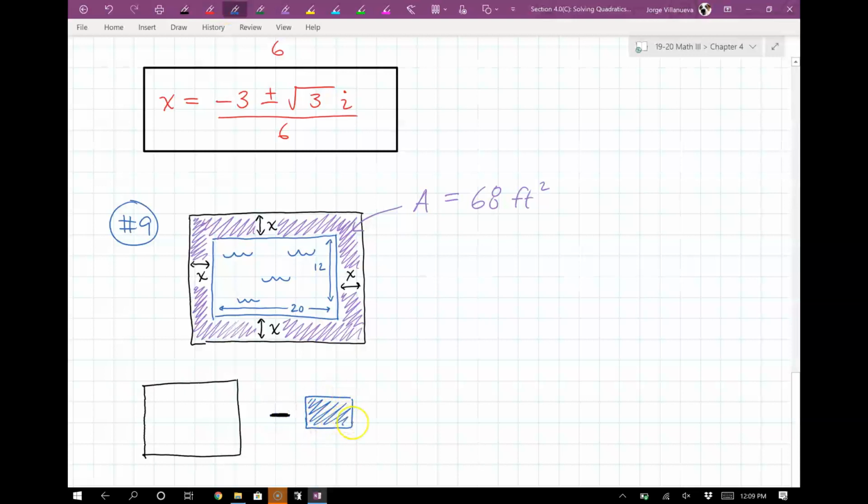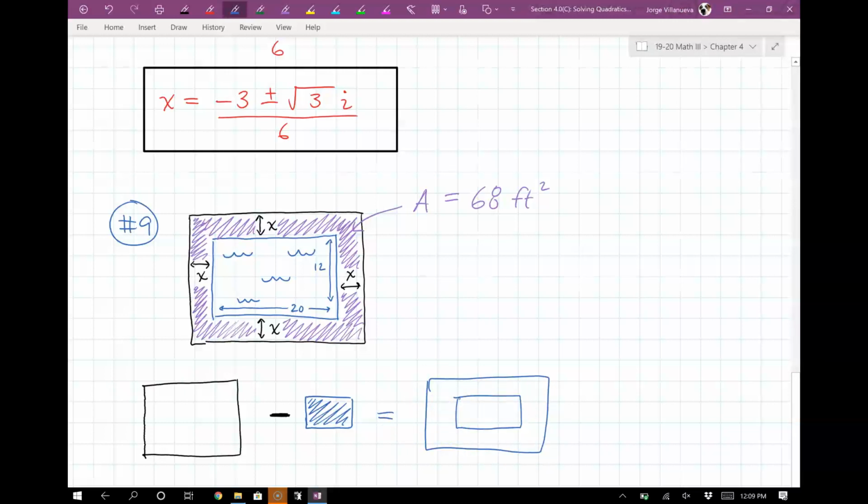You guys understand that? Take the whole area, in other words, pretend that they put concrete over the whole thing, even over the swimming pool. Find the area of that and then just subtract the area of the swimming pool. Wouldn't that just leave me with a shape that looked like this? A shape like that with a hole in it?